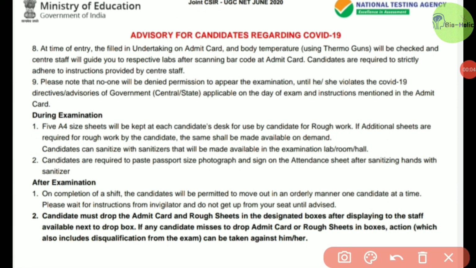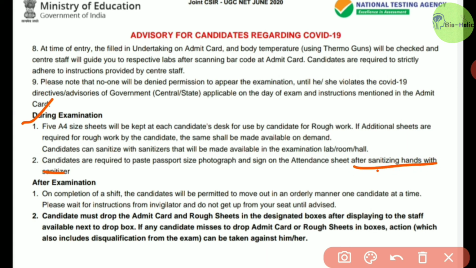Now during the examination also there are some norms, like 5 A4 sheets will be kept at each candidate's desk for rough work, and if additional sheets are required then he or she can get them on demand. Candidates are required to paste a passport size photograph and sign on the attendance sheet after sanitizing hands with sanitizer.